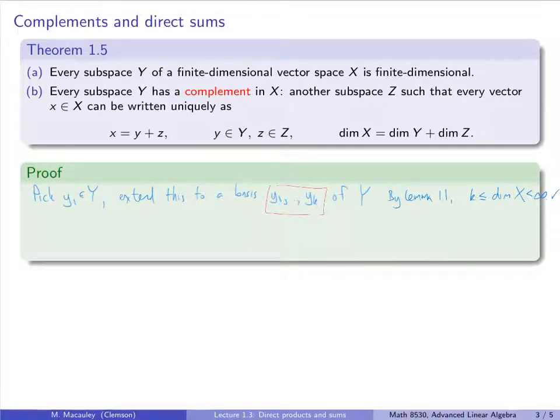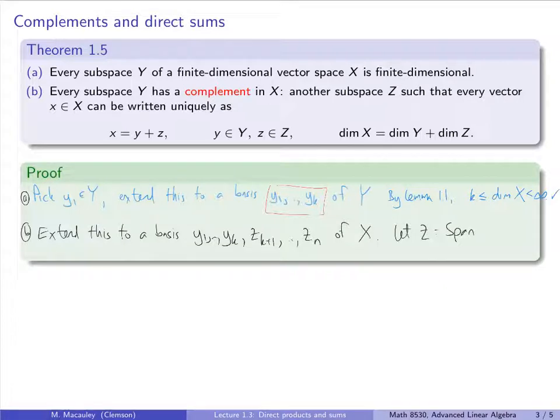So for part B, I should say this is A and then this is B. We can extend this basis y1 up to yk for Y to a basis y1 up to yk, let's call it zk plus 1 all the way up to zn of X. And then let Z be the span of zk plus 1 all the way up to zn.